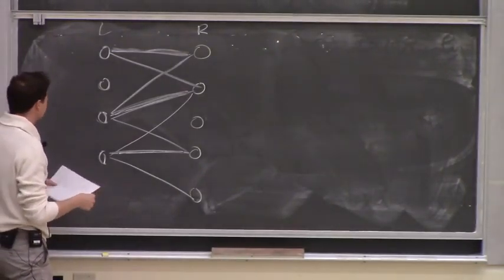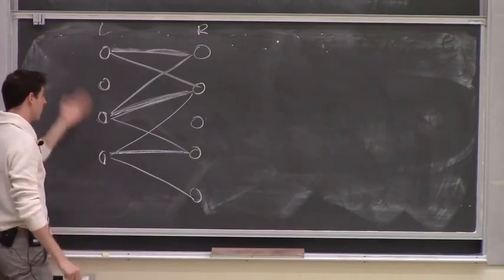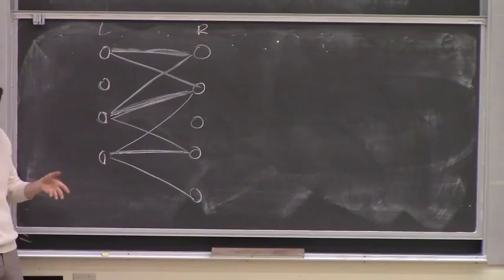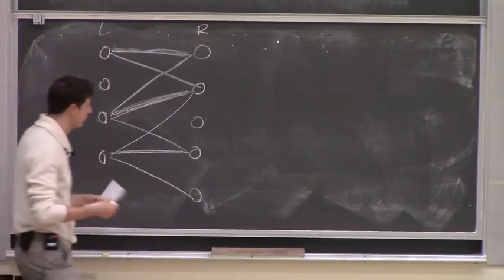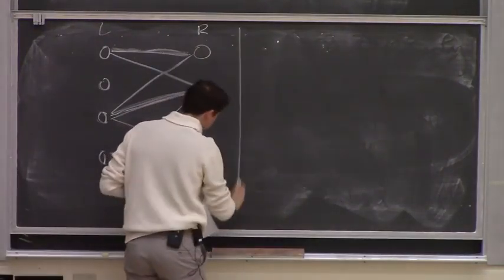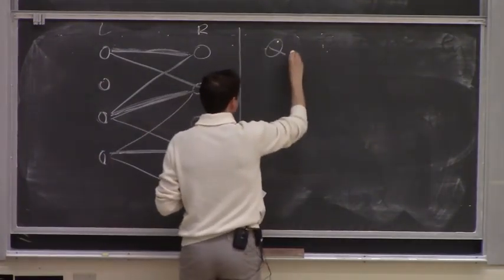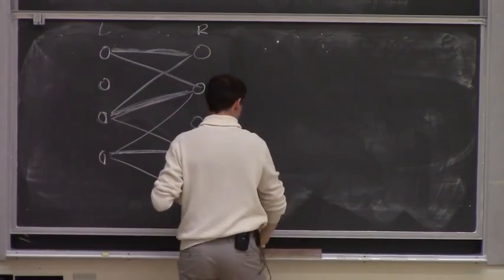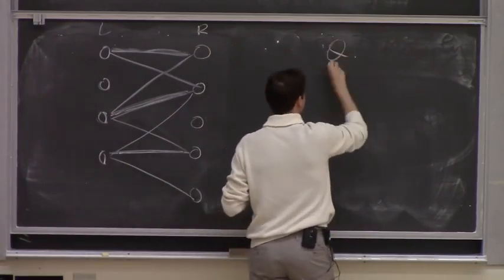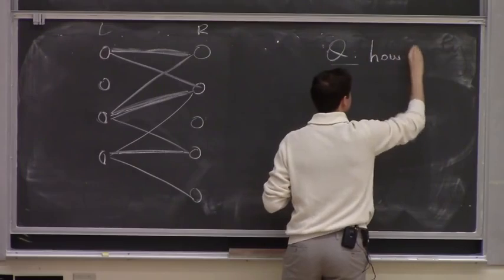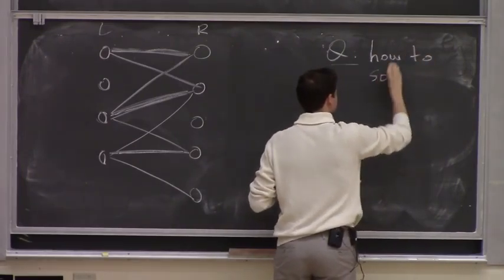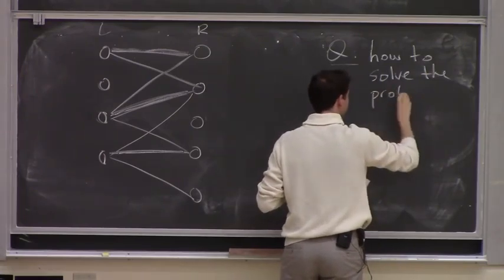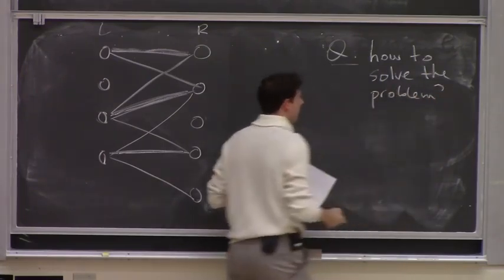And obviously the question is that when you draw things, you can eyeball them, but when things are big and written in code, you want to have an algorithm to do it. The question will be how to solve the problem.